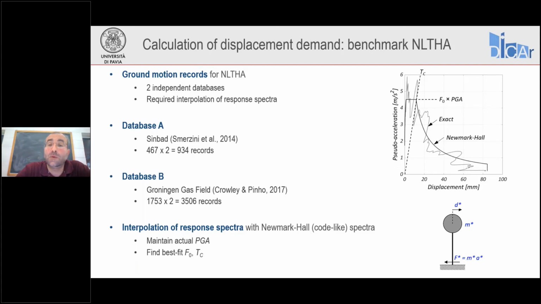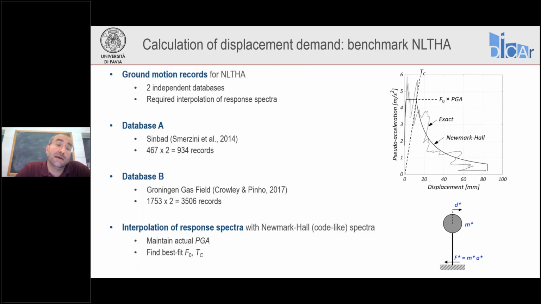And to do this, basically we maintained the PGA coming from the record, and we fit the actual spectrum by changing the code-like spectrum parameters F0, which defines the acceleration plateau, and TC, the corner period, transitioning from constant acceleration to constant velocity branches. Remember that the other transition periods, TB and TD, are all related to these parameters in the Eurocode.